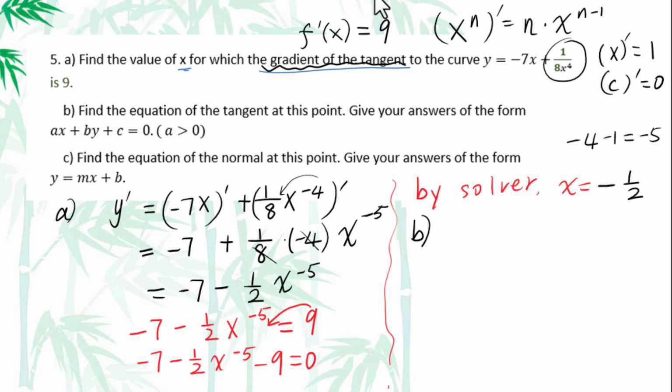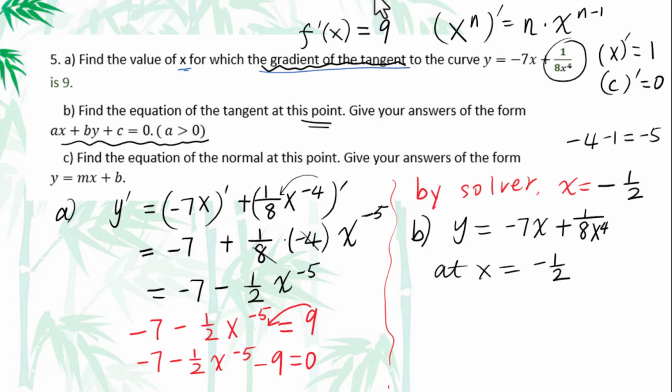Let's go to B. Find the equation of the tangent at this point, which means x equals -1/2. Give your answer of the form ax plus by plus c equals 0, a greater than 0. We know the function y equals -7x plus 1/8x to the 4th power at x equals -1/2.